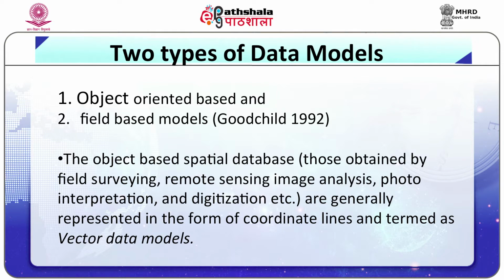We need to recognize the object based spatial databases which are there. The ones which are obtained by field surveying, remote sensing, image analysis, photo interpretation, digitization and so forth are generally represented in the form of coordinate lines, termed as vector data models.